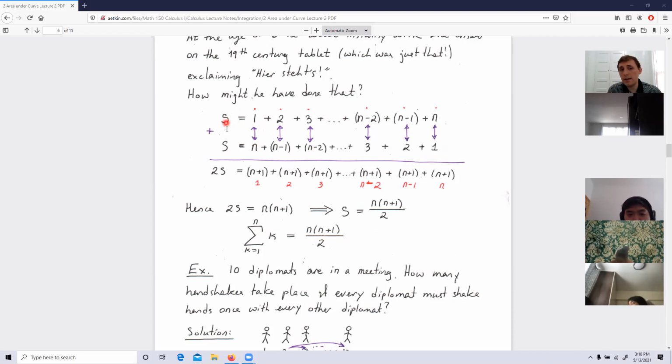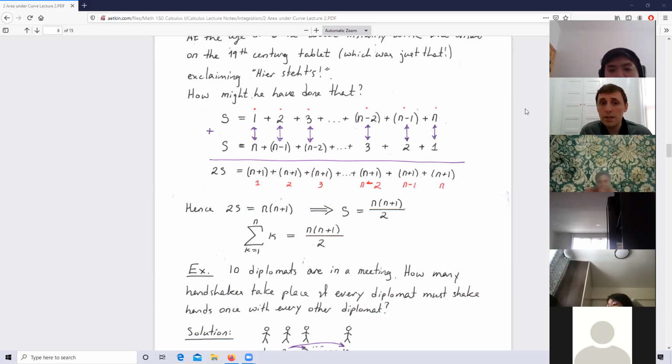Observe that if I place the summation one below the other, I can look at 1 and n, at 2 and n minus 1, at 3 and n minus 2, and you see this one loses a number and this one gains a number, which means that a unit of 1 moves across. Which means that this is simply n plus 1, this is n plus 1, this is n plus 1. Each term is n plus 1.